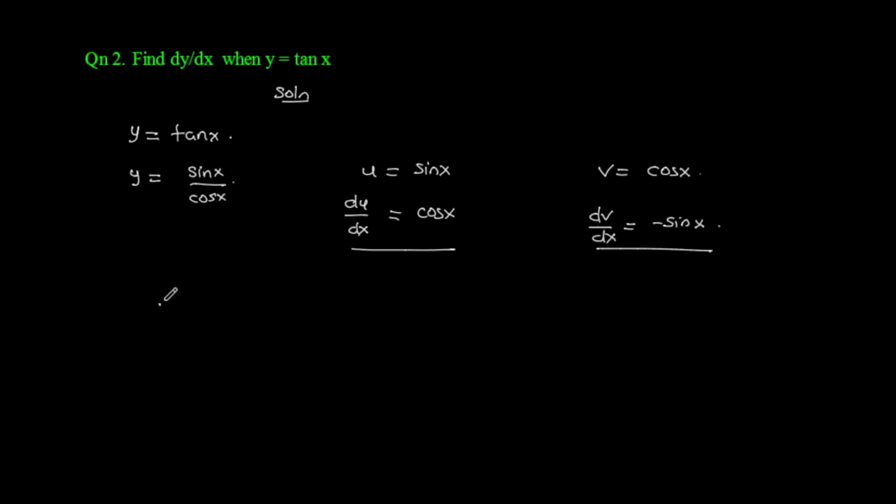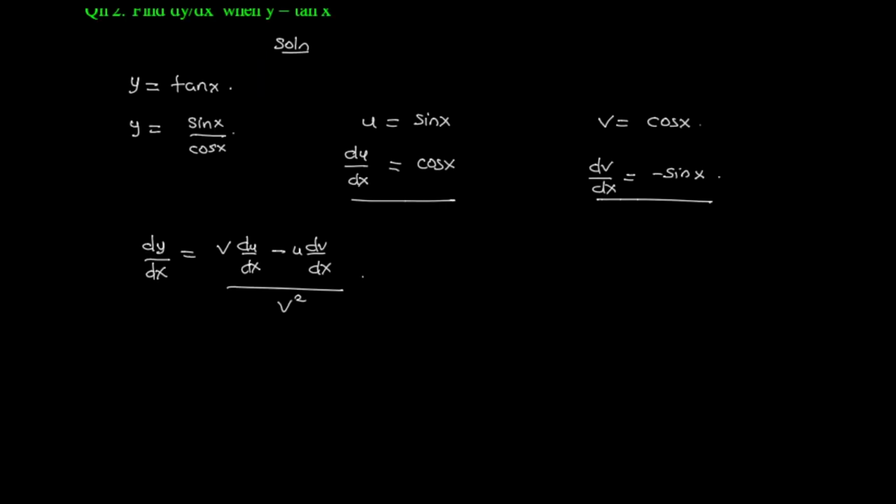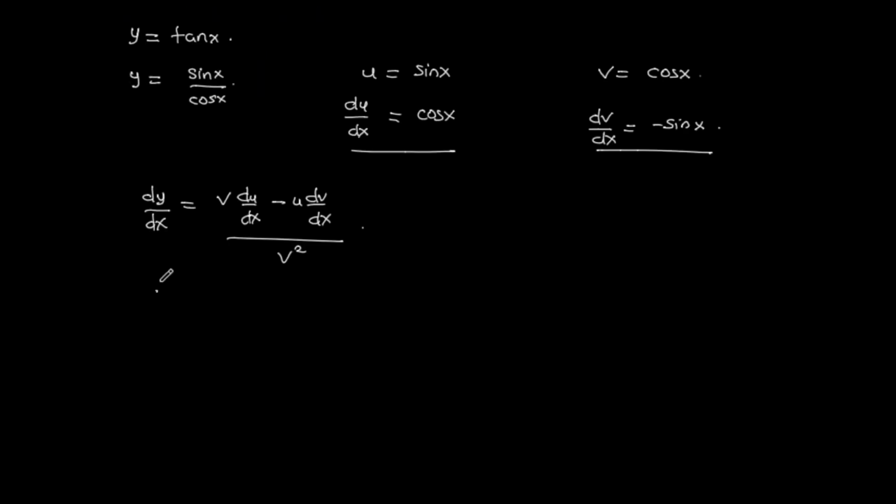So we combine them together using the quotient rule, where dy by dx equals v du by dx minus u dv by dx, and everything is divided by v square.